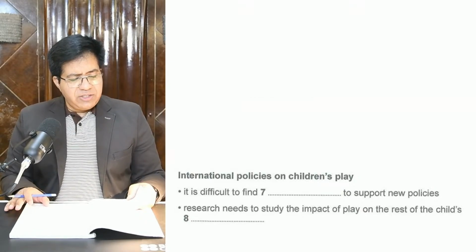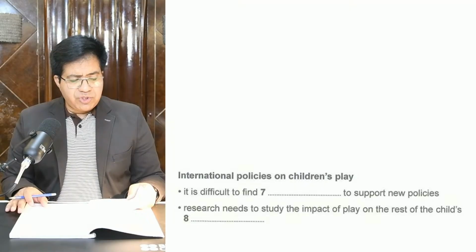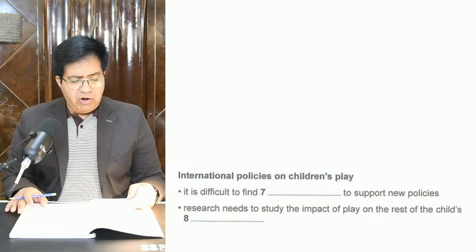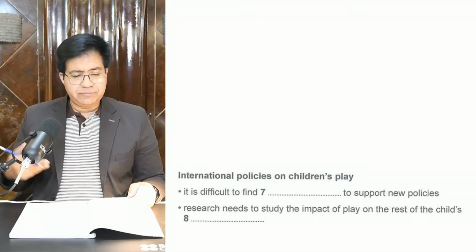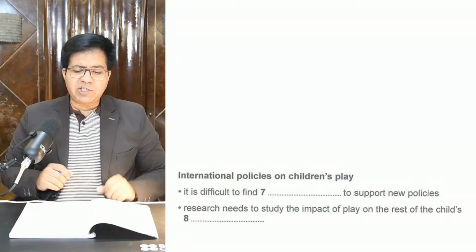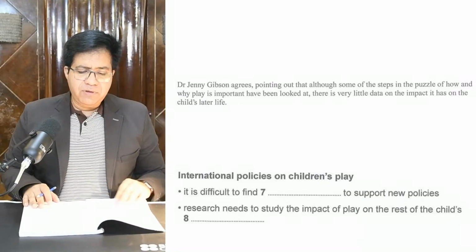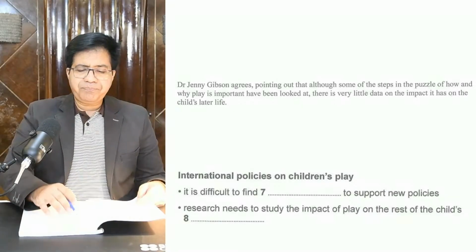Question number 8. Research needs to study the impact of play on the rest of the child's dash. Rest of means remaining. So please come to next page. First paragraph.